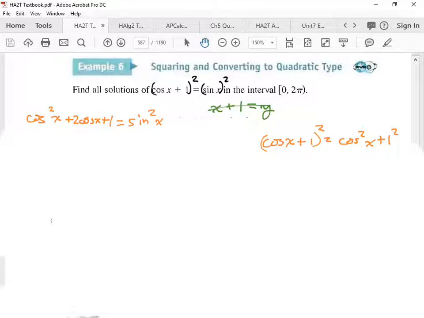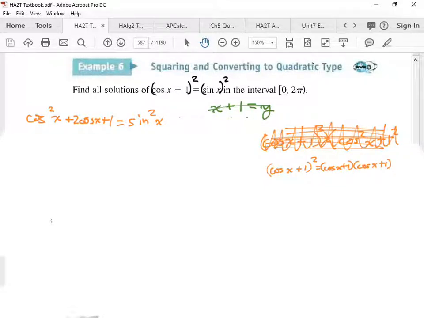No. Don't do that. Cosine x plus 1 squared equals cosine x plus 1 times cosine x plus 1.